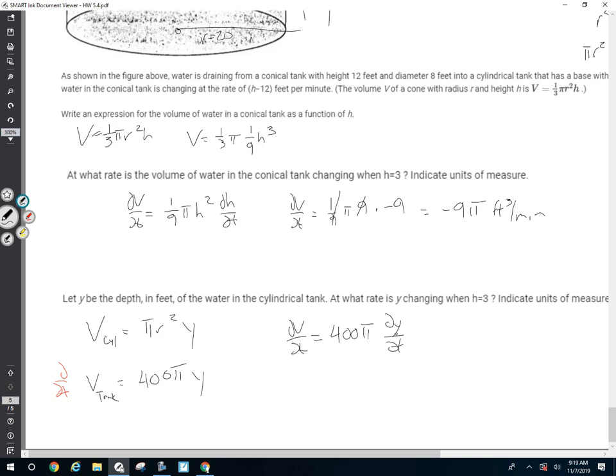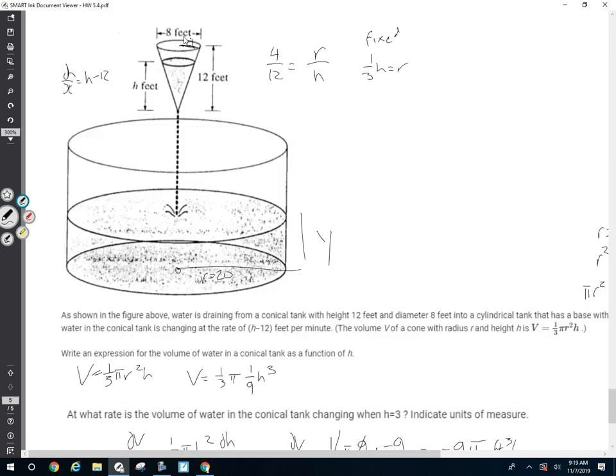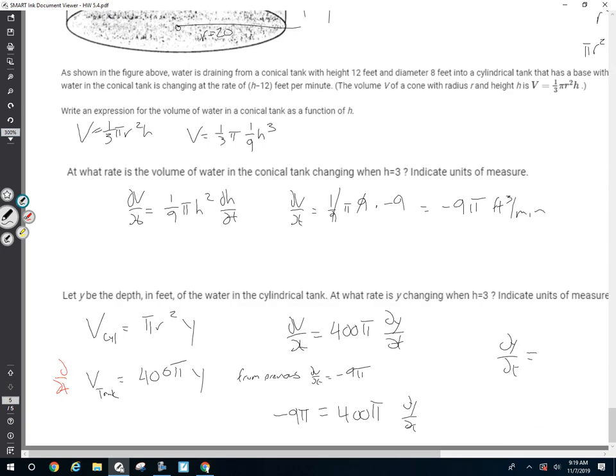When h is 3, I already found the rate at which the volume is changing from the previous problem. dV/dt is negative 9 pi. So I get negative 9 pi equals 400 pi dy/dt. It was negative because it was going away from the cone, but it ends up being positive because it's being added into this tank.